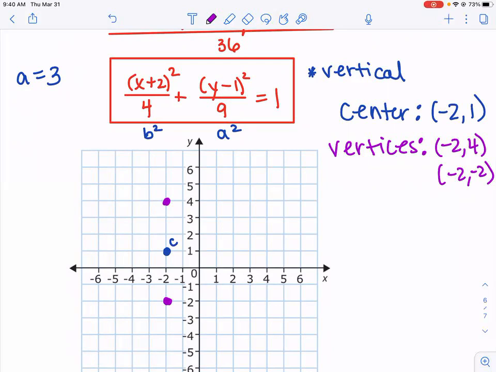We're then going to use b. We decided b is going to be 2, since b squared is 4. I'm going to move to the right 2 and to the left 2 so I can get the shape of my ellipse.